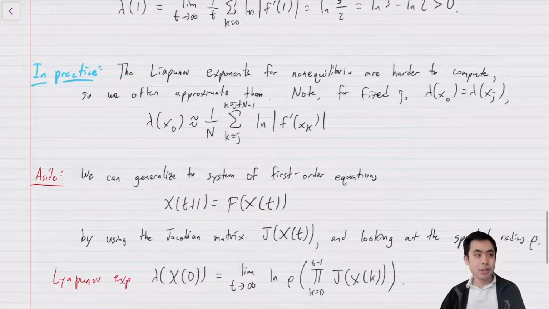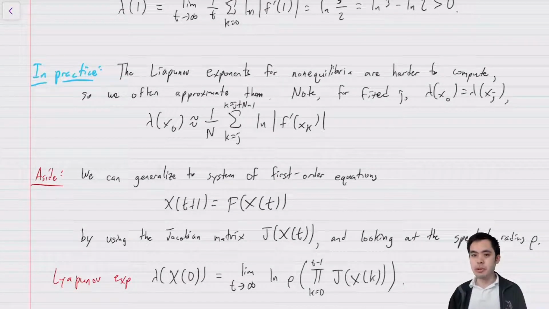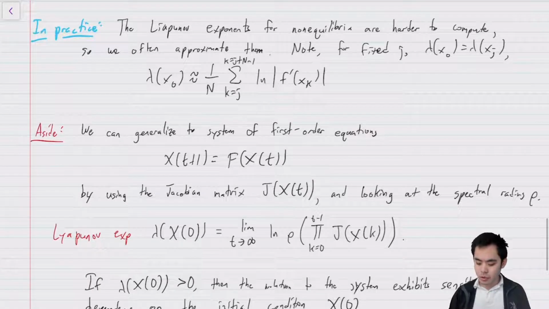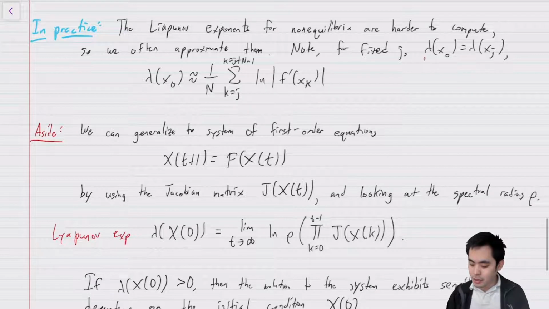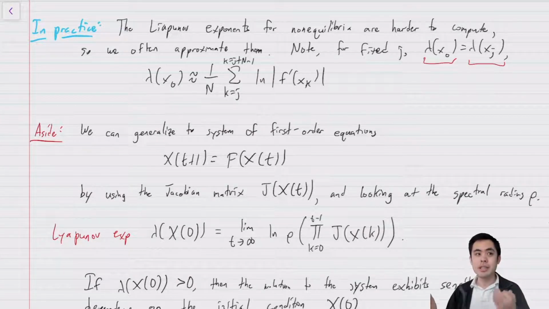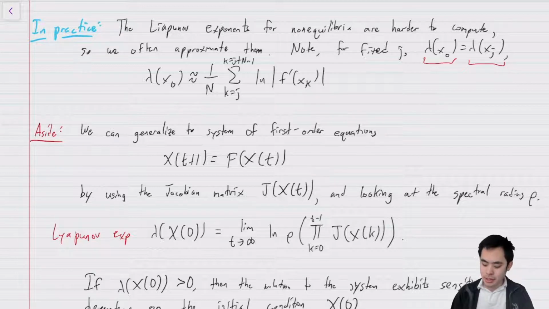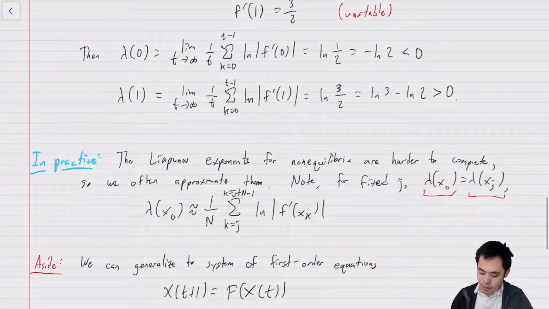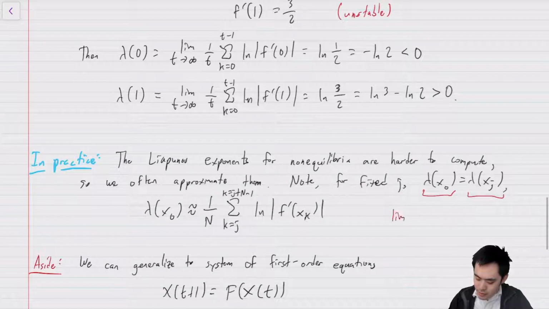So in practice, you would approximate this with a computer, and one important thing is that given any trajectory, the Liapunov exponent of the first step on the trajectory is the same as the Liapunov exponent on the j-th step of the trajectory, and this is pretty easy to see by our limit, right? So note that the limit as t goes to infinity of 1 over t times the sum from k equals 0 to t minus 1, natural log of f prime of x_k.